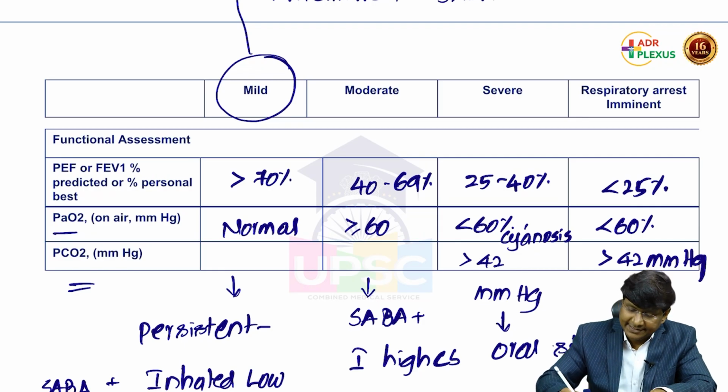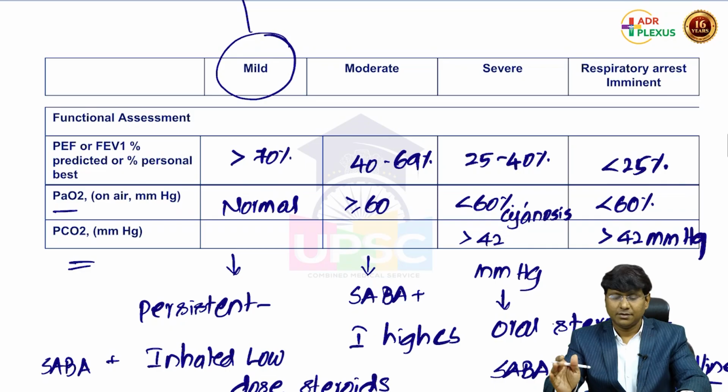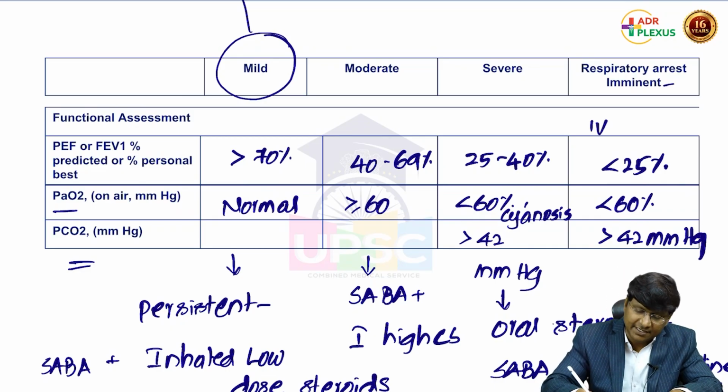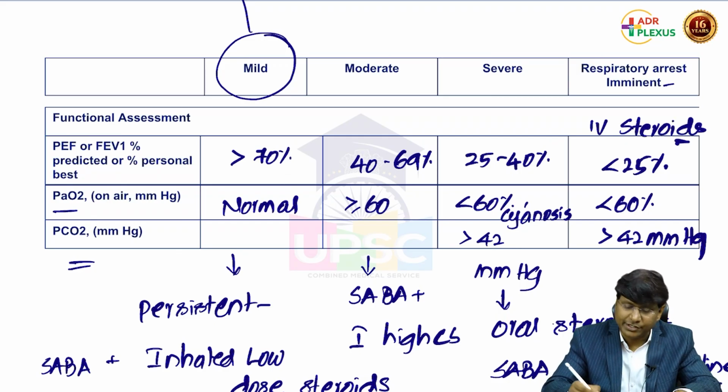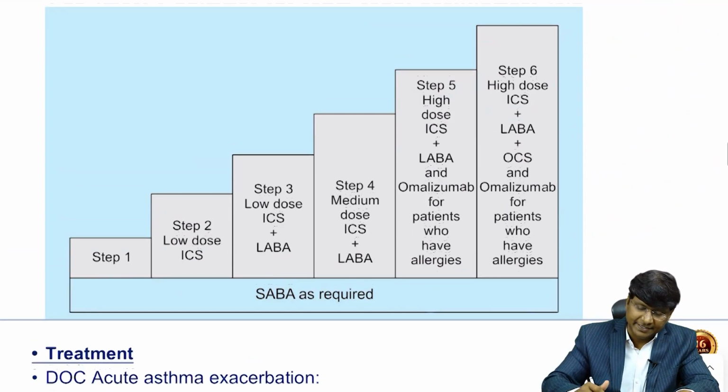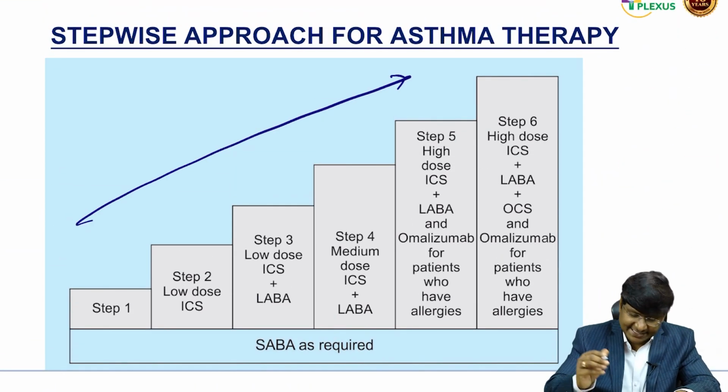Right? And they will also be requiring the short acting beta agonist, and phosphodiesterase inhibitors, that is, theophylline should be given. Okay. Whereas in respiratory arrest, these patients will be requiring intravenous steroids. Right? Intravenous hydrocortisone is required in case of respiratory arrest.